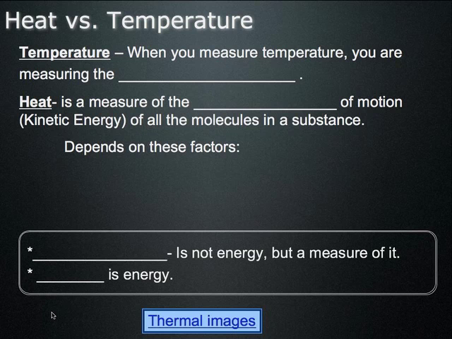Okay, let's talk about this. Our last topic will be heat and temperature, because they are two different measurements or two different things, although they are related. Temperature is a measurement of the average movement of the molecules, whereas heat is a measure of the total energy within the system.